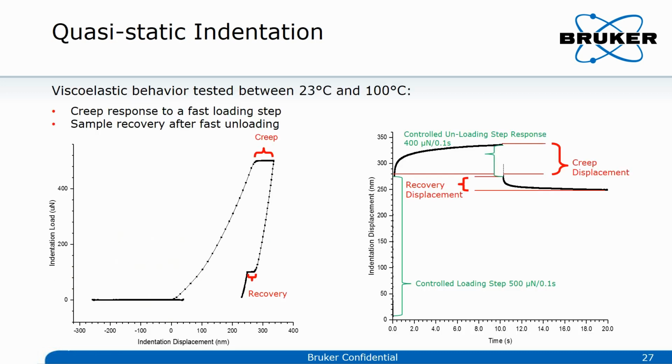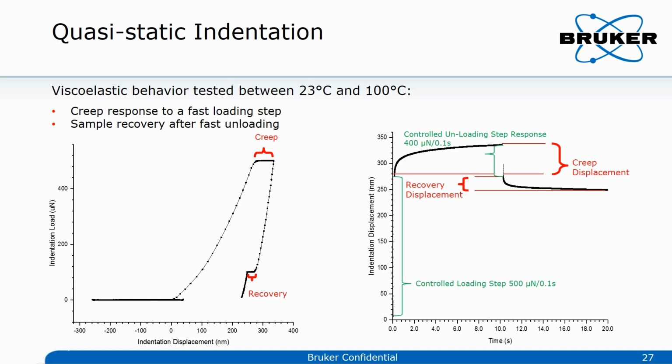Two ways of mechanical test shall be employed in the next slides to measure the viscoelastic nature of polylactide versus temperature. In the first experiment, the creep of the sample after a step load and recovery of the sample after a step unload is observed.